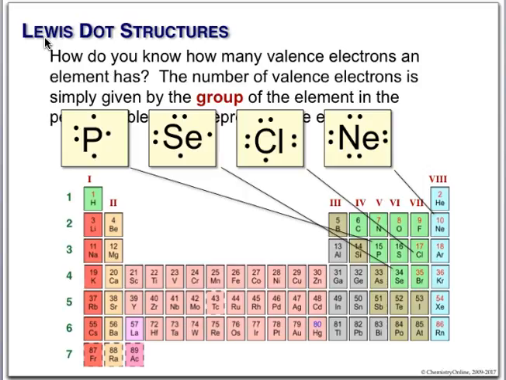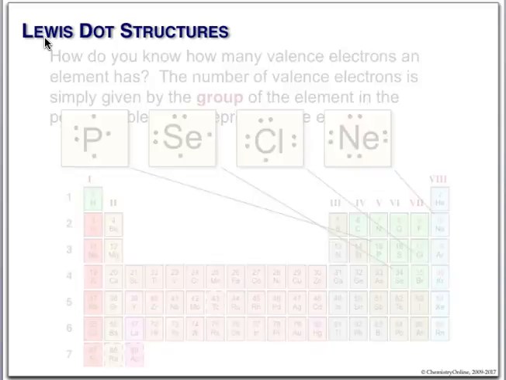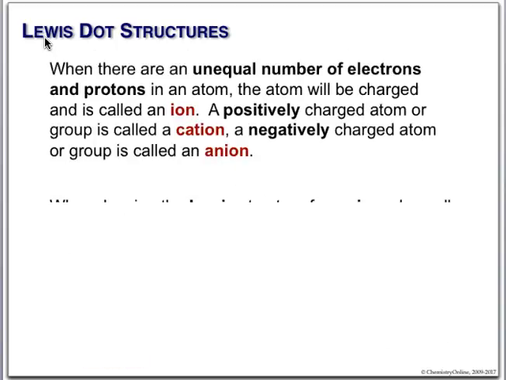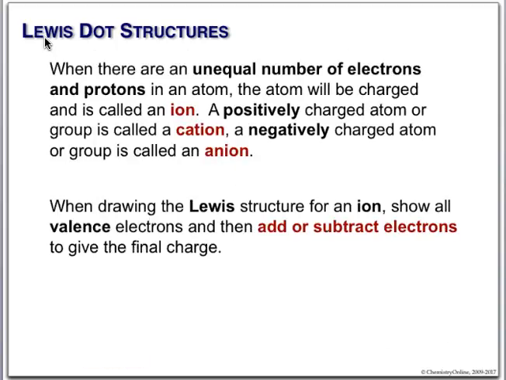And what we're going to do here is a couple things. We're going to start off with neutral atoms and talk about charged atoms. When we have an unequal number of electrons and protons, we make something that we're going to call an ion, I-O-N.